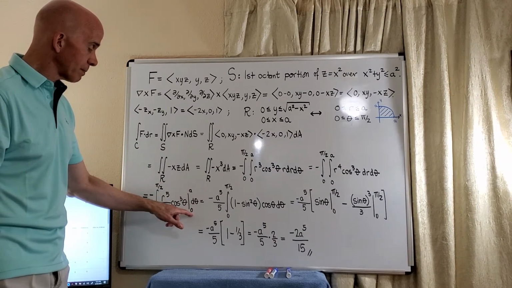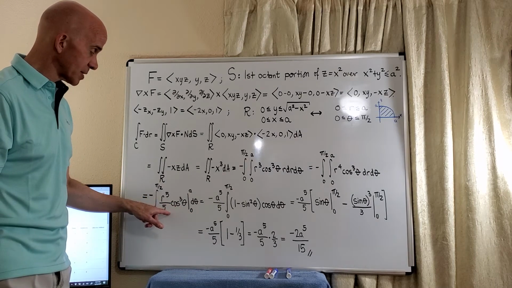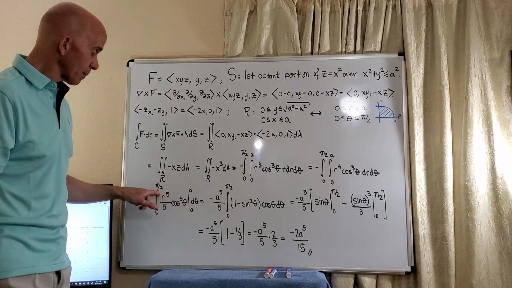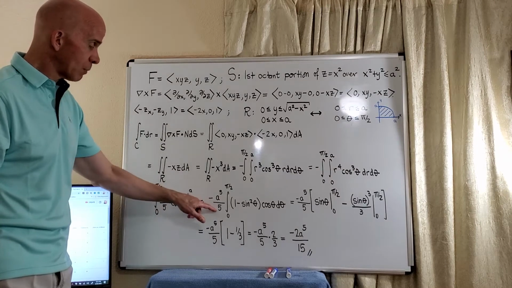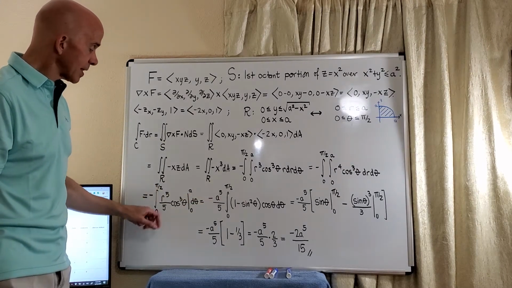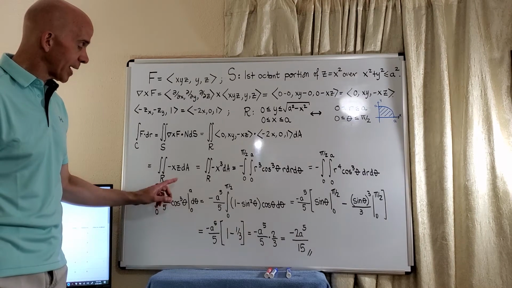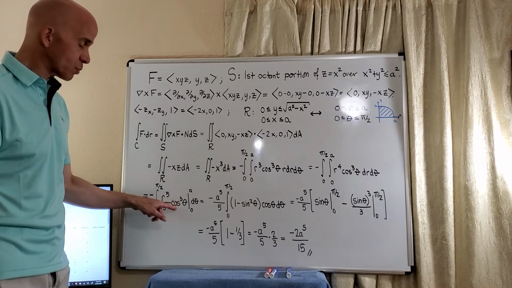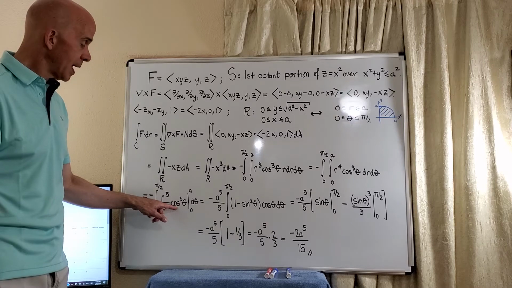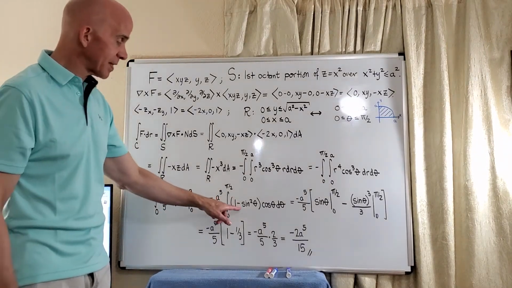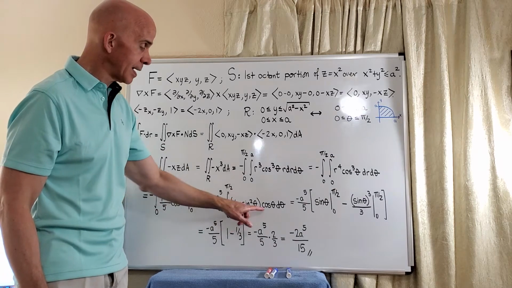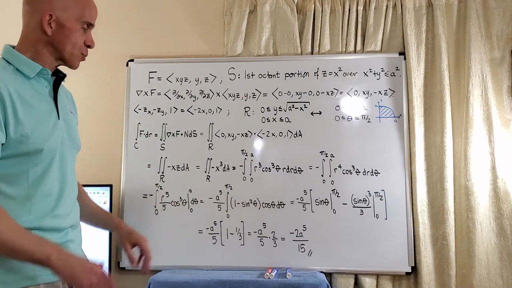The r being replaced with 0 zeroes this out, but the a replacing the r will give us a negative a to the fifth over 5, which we can just place here. And then, if you like, we can integrate with respect to theta once we rewrite the cosine cubed. Using our calculus 1, calculus 2, we can just write that as 1 minus sine squared theta times cosine theta. And that's ready to go.